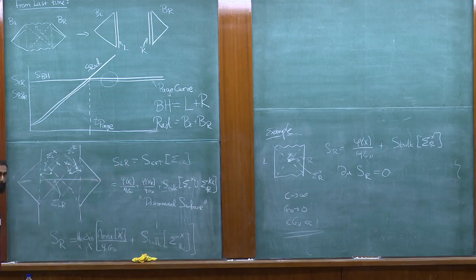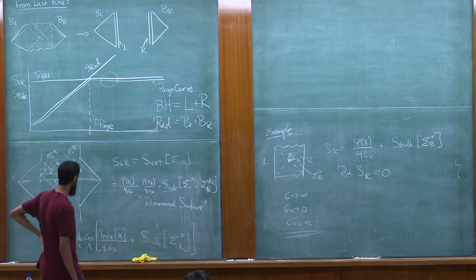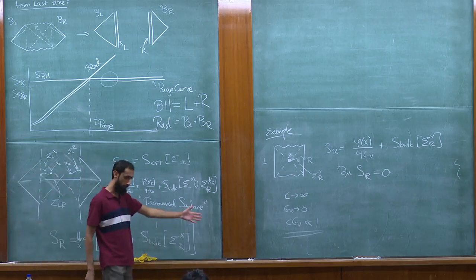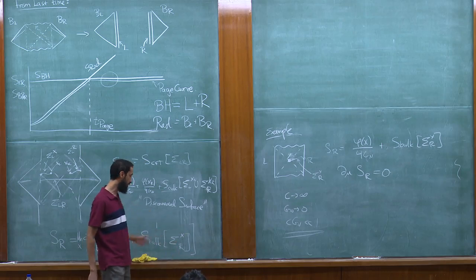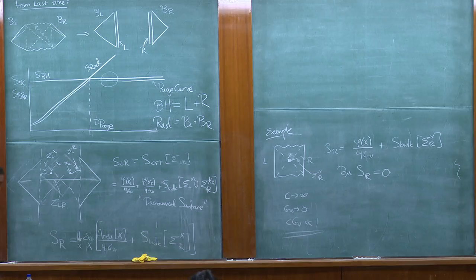Just a general question, not to slow you down: this formula in principle has some second correction. Yes, there's an expansion in G Newton, an H bar expansion, and this is the first subleading term in that. If these two compete in whatever gradient, you will also need an argument that the next correction does not compete.